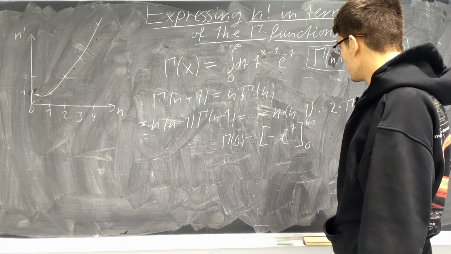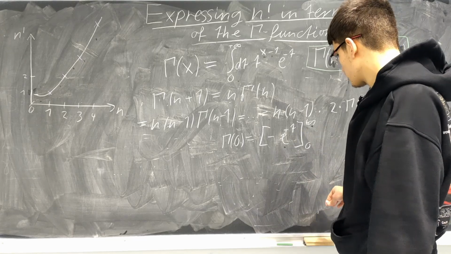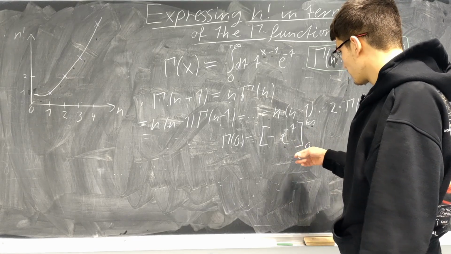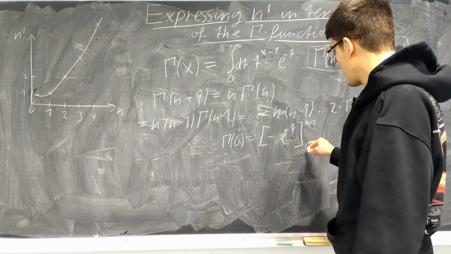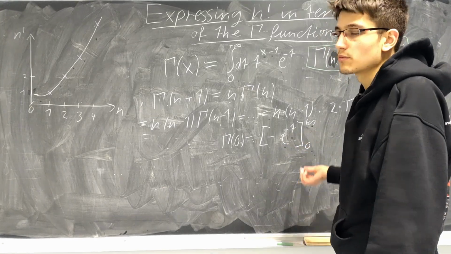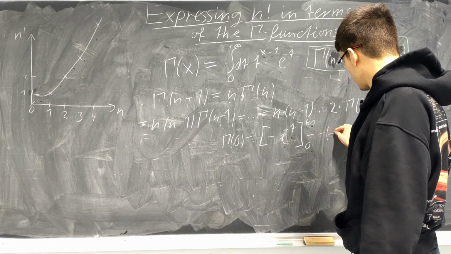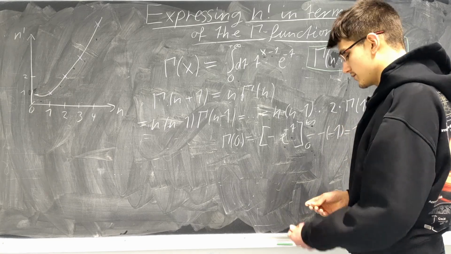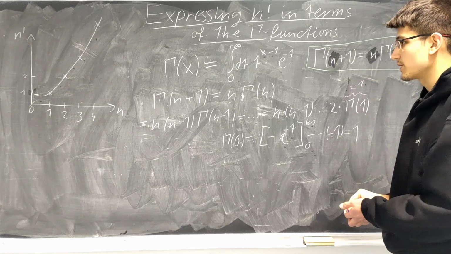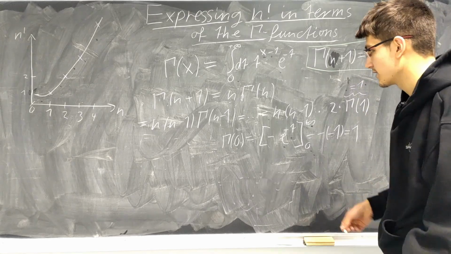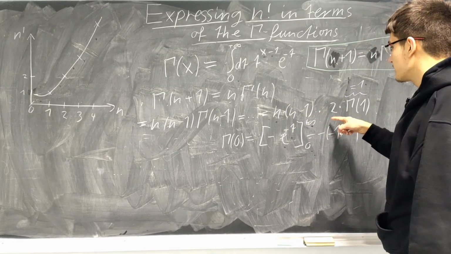We know that at plus infinity this is 0, so we can neglect that. So we only have to look at the value of this term at t equals 0. So e to the power of 0 is 1, so minus 1 minus 1 equals 1. So this term equals 1. If we just look at it, n times n minus 1 times down to 2 times 1.